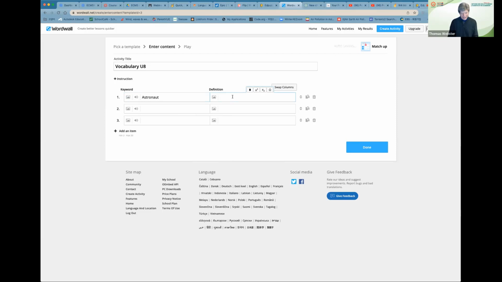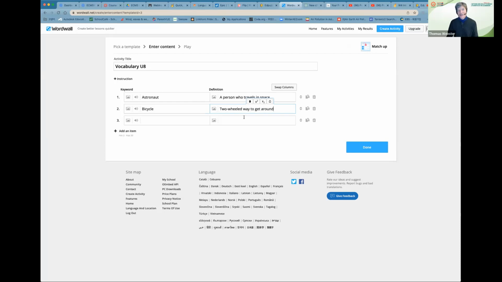And then a person who travels in space. And then another one here, you can put in here like a bike. Let's put in bicycle, just simple stuff just to show you. Bicycle, two-wheeled way to get around.